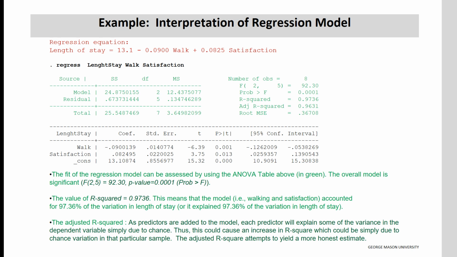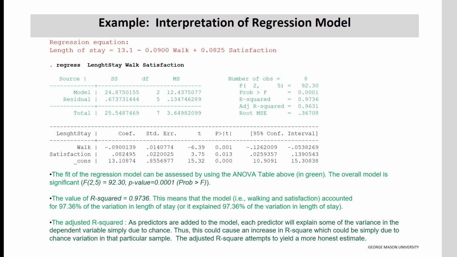And indeed, in this case, the p-value is small, much smaller than 0.05, which is the significance level. And therefore, we can say that overall, this is a good model, indicating that most likely the predictors in this model will be significant predictors of length of stay.